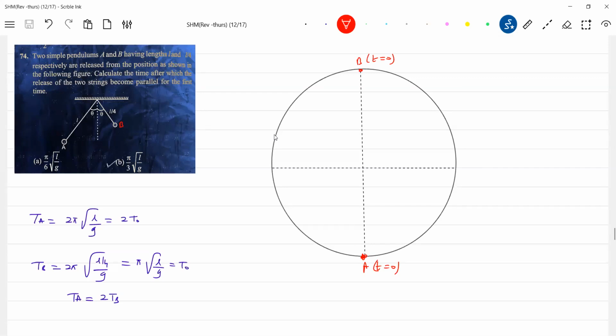So how will A move? Look at the motion of A. A will swing like this, B will swing, no? So they should move opposite. So the path of B I should predict like this, and for A I should give the pen in this direction.